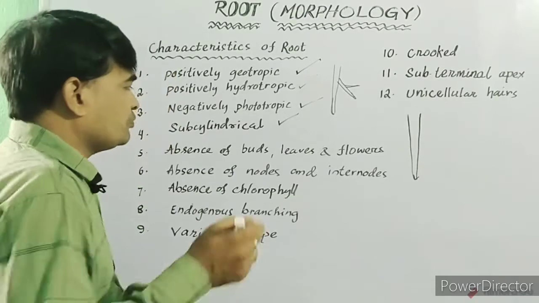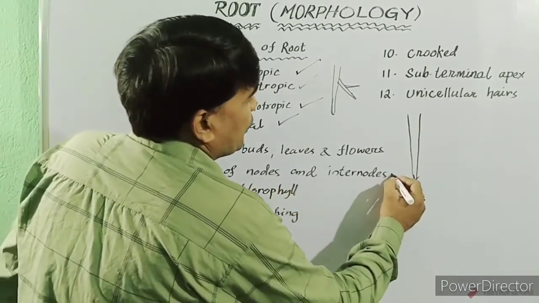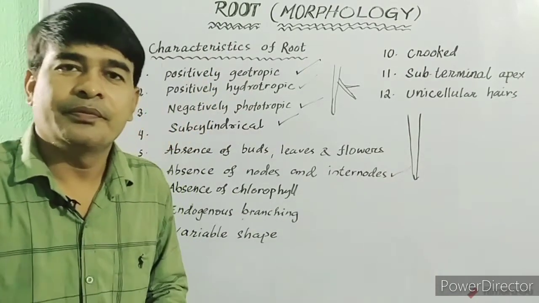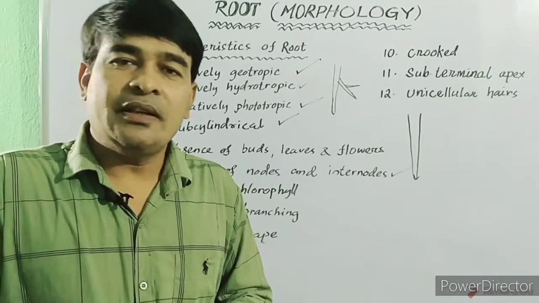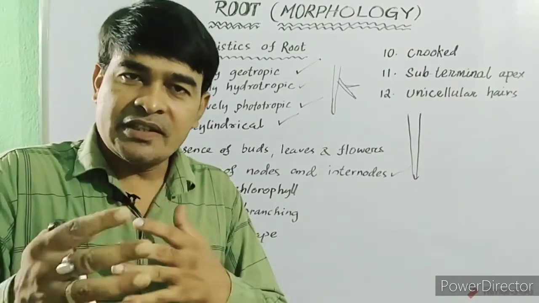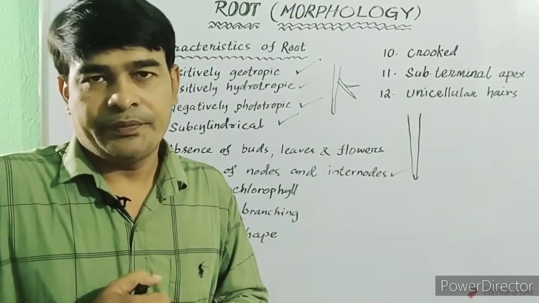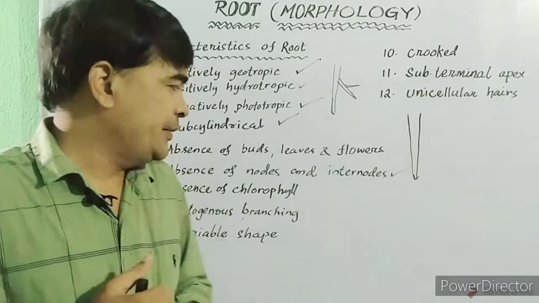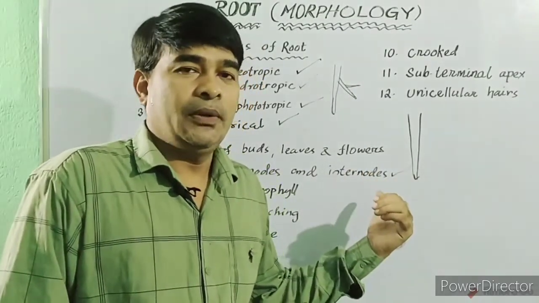Then absence of nodes and internodes. As you know, nodes and internodes are present in stem. Stem is differentiated into nodes and internodes. But these nodes and internodes are absent in case of roots.